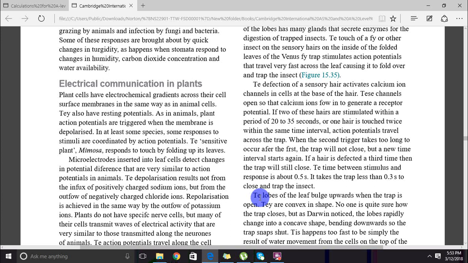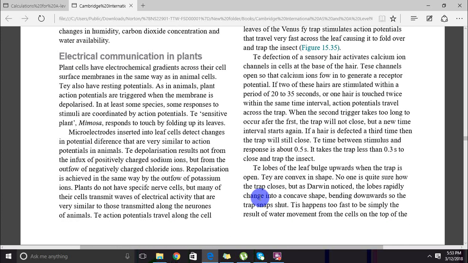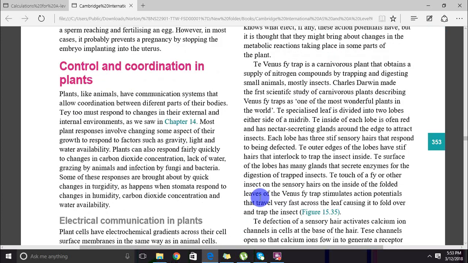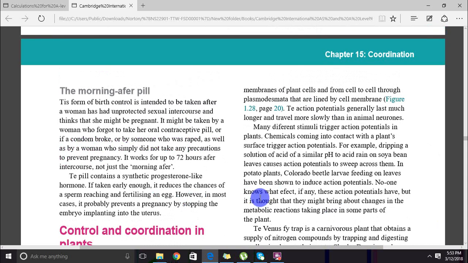So plants do not have specific nerve cells, but many of their cells transmit waves of electrical activity that are very similar to those transmitted along the neurons of animals. And the action potentials travel along the cell membranes of plant cells and from cell to cell.